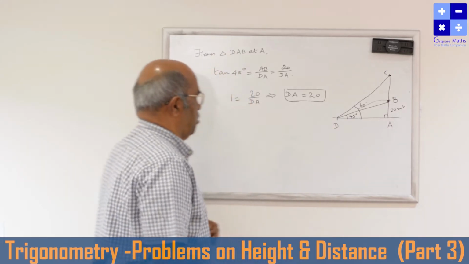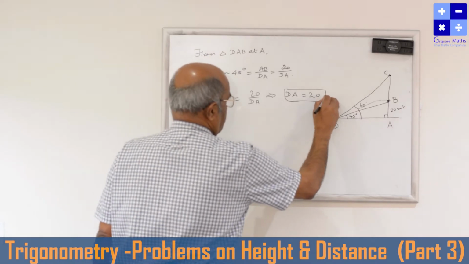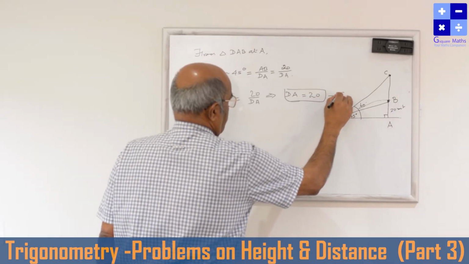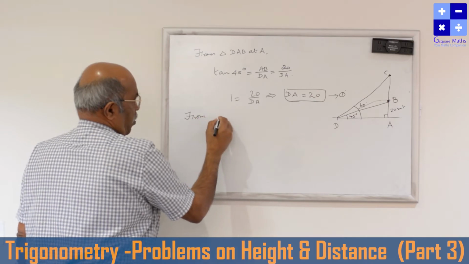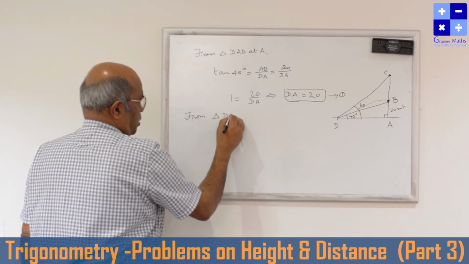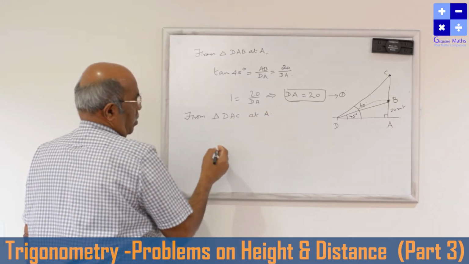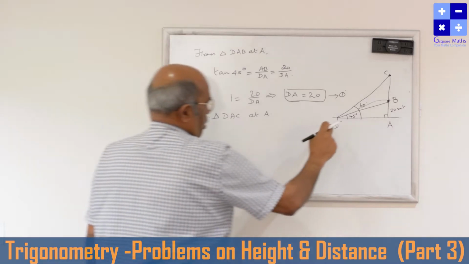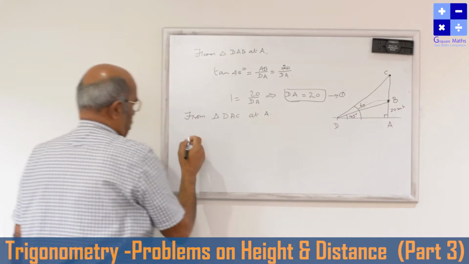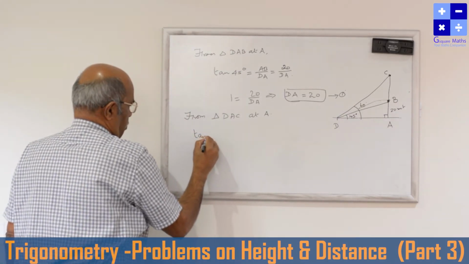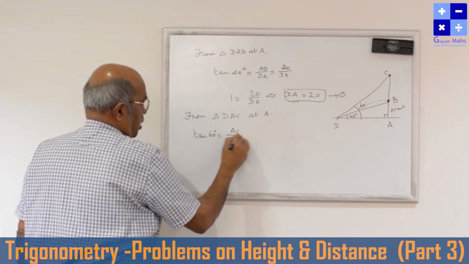Now let us take another triangle. From triangle DAC at A, A is 90 degrees and this is 60 degrees. So tan 60 is equal to AC by DA.